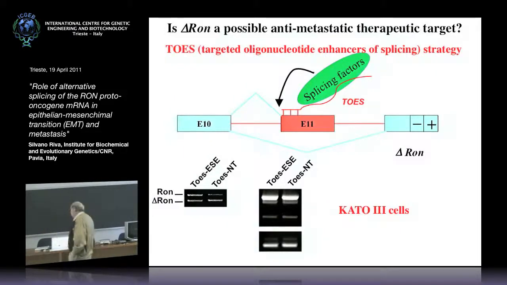And this approach also works, in the sense that you have a switch of the RON splicing while you don't have an effect on caspase and the two other genes. This oligo, of course, is modified in order not to be degraded by the RNase H.